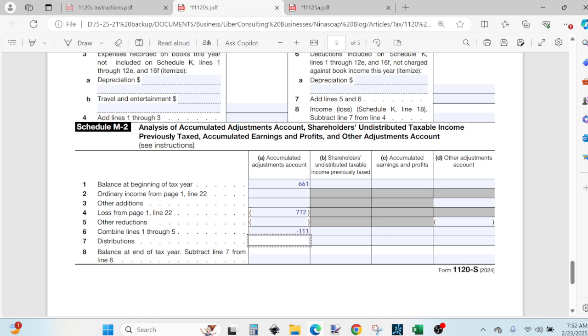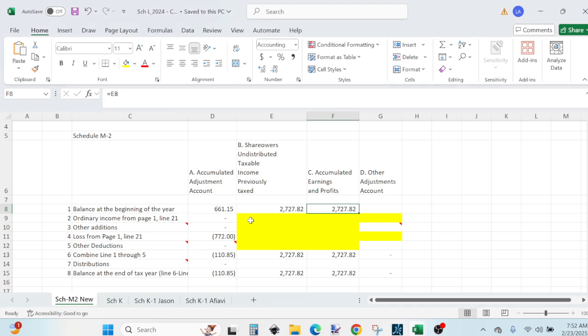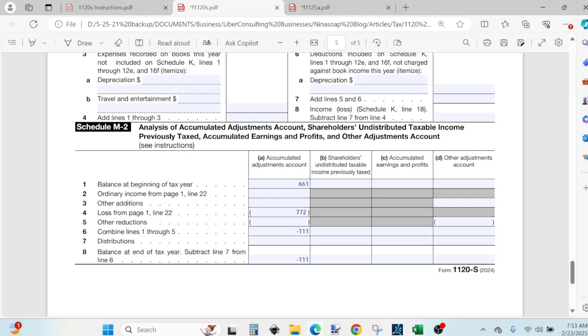Distribution, so if you make a distribution to the partners, you'll go there, and the balance will be to take line 6 minus line 7 to see what remains there. We have negative 11 there. So the following year, that number will go on top there at the beginning. Shareholder undistributed taxable income previously taxed, based on here we have 2728.